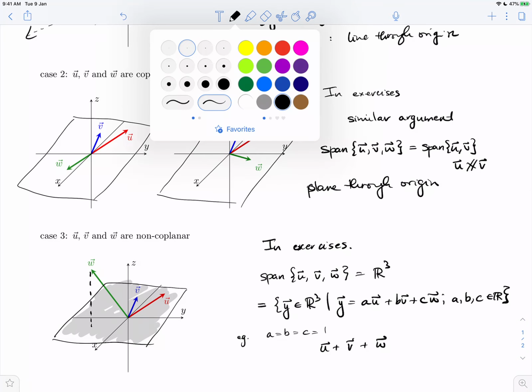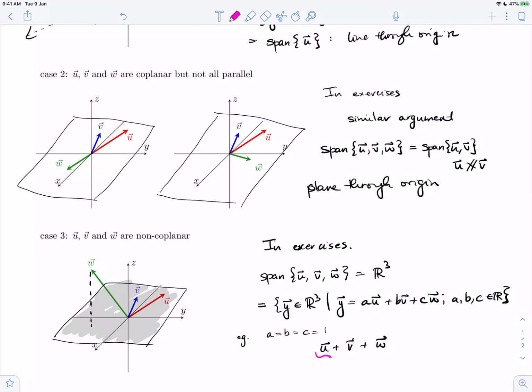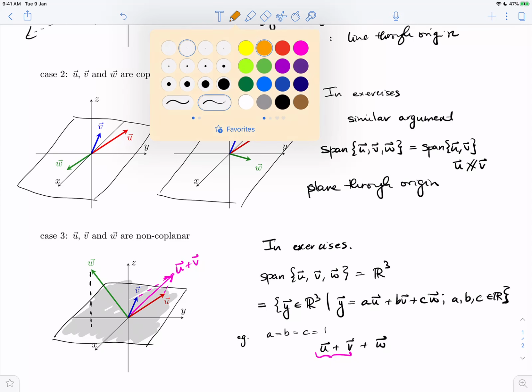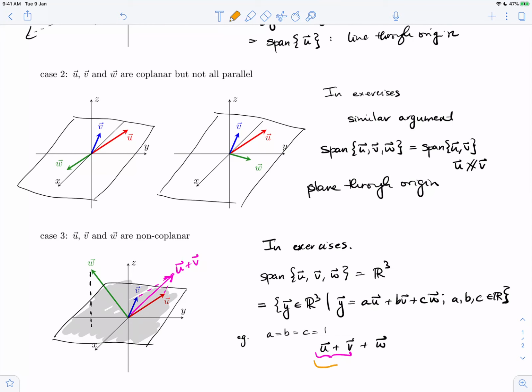Well, we can think, let's do this two at a time. If we do u plus v, we can apply the parallelogram rule. If there's just two vectors, we can imagine applying the parallelogram rule and getting a vector u plus v like this. And then from that resultant vector, adding w is another parallelogram rule applied to that result, between u plus v and w.